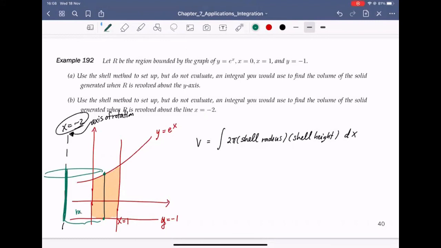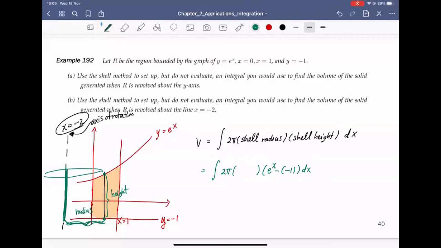This is your radius, right? But your height is going to be the same. So your height is going to be e to the x minus -1, dx. Same thing, because your top curve for the height is the same function. The bottom curve is just y equal to -1.